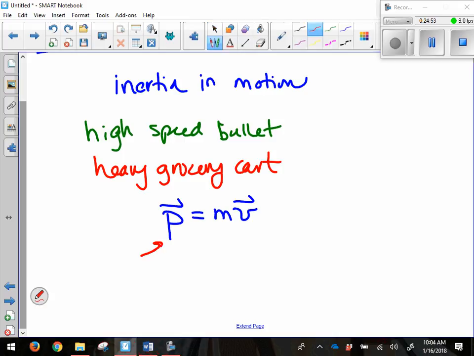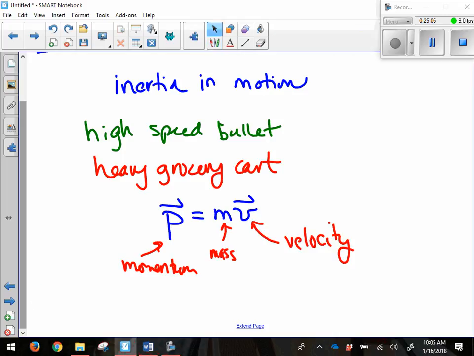So this P here is momentum, and that V is in fact velocity, which means that I can have a momentum in two or three different directions, and I can treat that momentum separately in each direction.